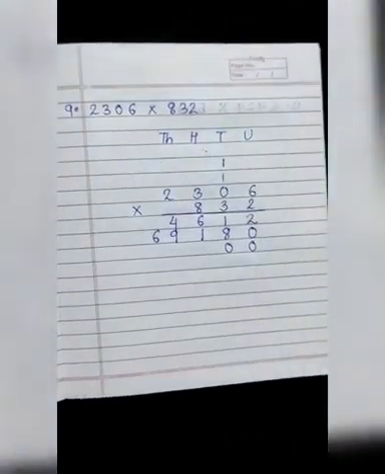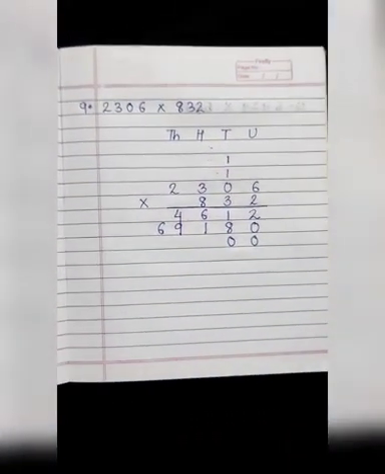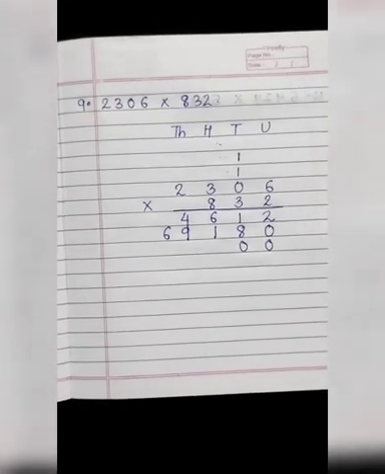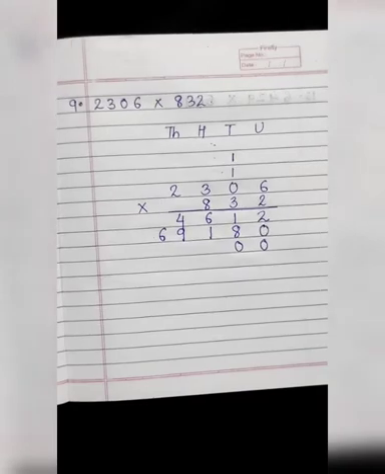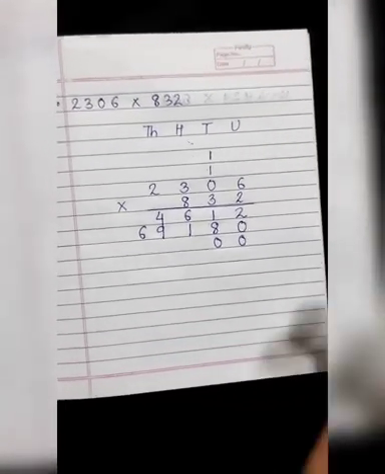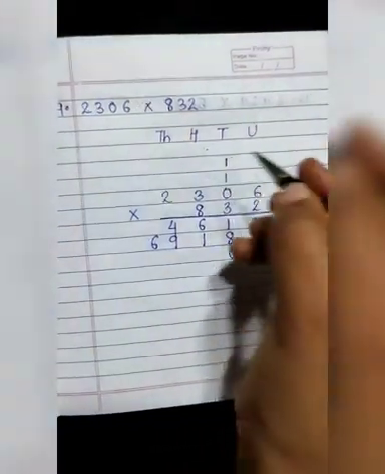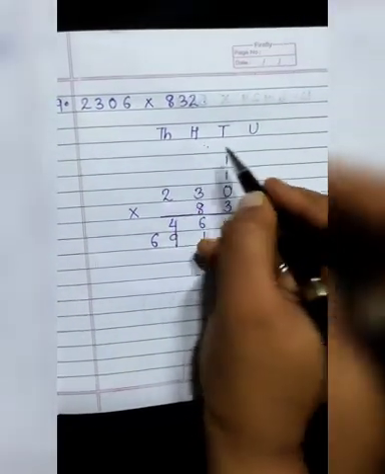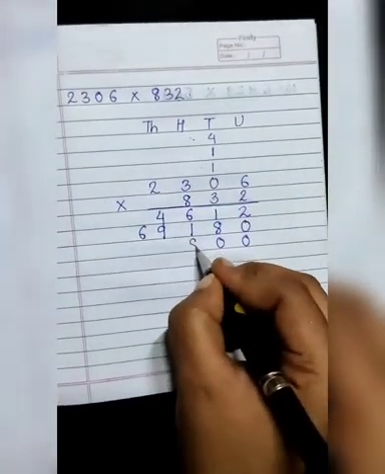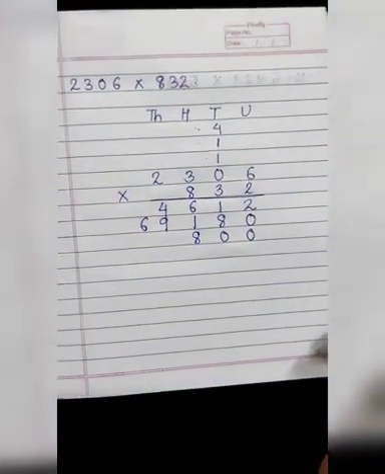Now 8 multiplied by 6 is 48. So we will write here 4 and 8 we will write down.